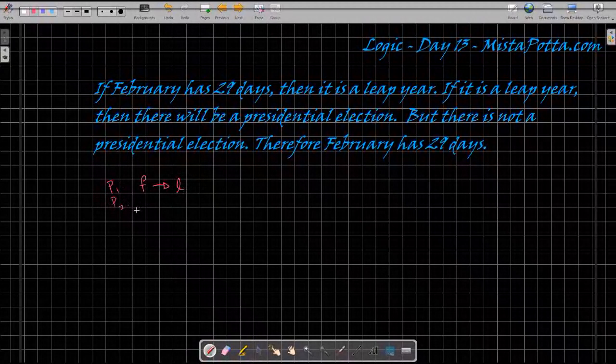My second premise, if it's a leap year, then there will be a presidential election. My third premise is that there is not a presidential election. Therefore, and this is the conclusion I'm trying to reach, February has 29 days.